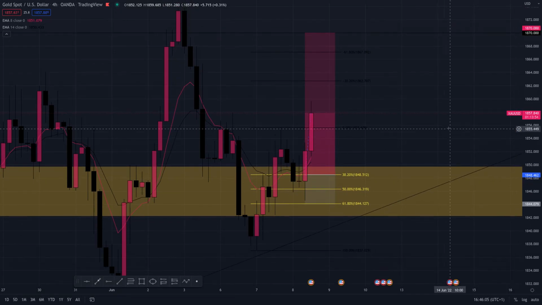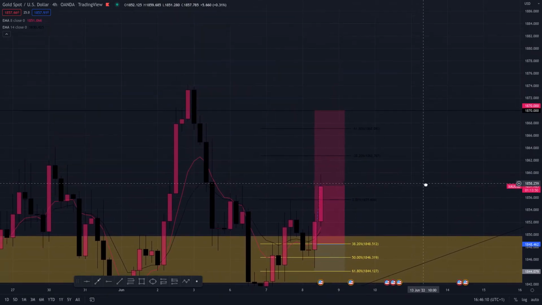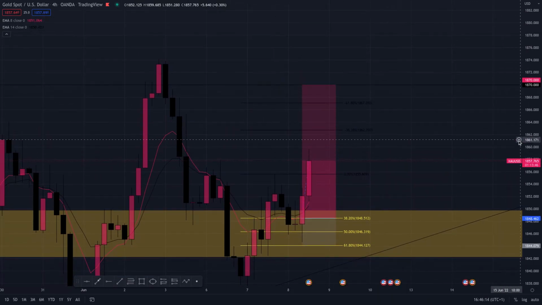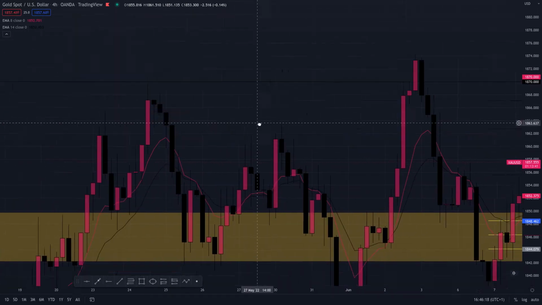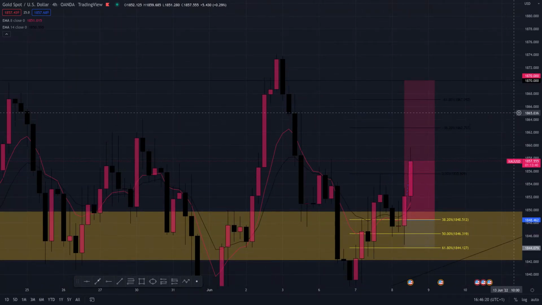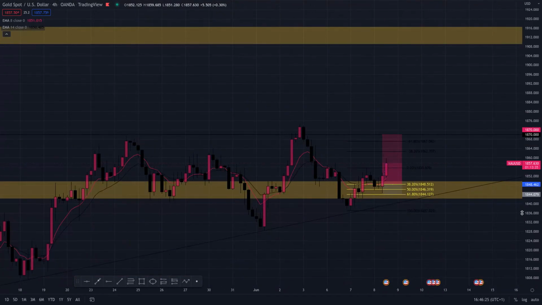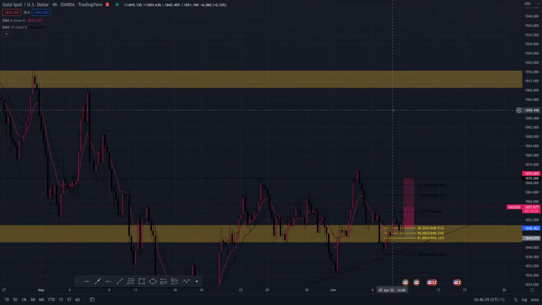As you can see, as it comes down, my stop loss is down here, but my take profit isn't at the 38.2 extension or the 61.8 extension. It's actually all the way up at 1870, where it previously just took out. So that's my recent high. If I was holding it long term, I would hold it all the way up here.